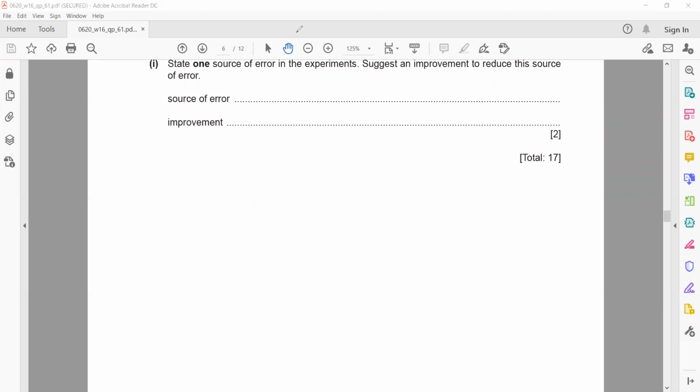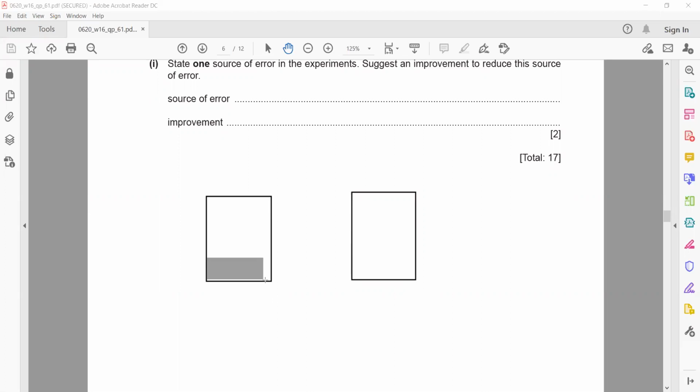How are the volume of the solution and temperature change related? If you have two solutions, one is 50 cm cube, another one is 100 cm cube. These are alkaline solutions, the same alkaline solution but different volumes.